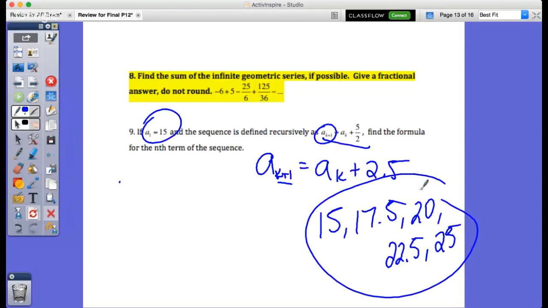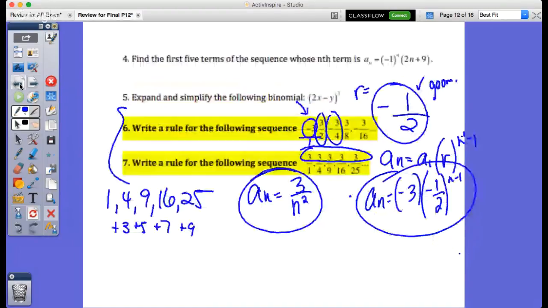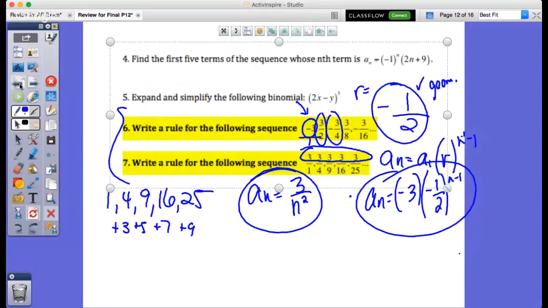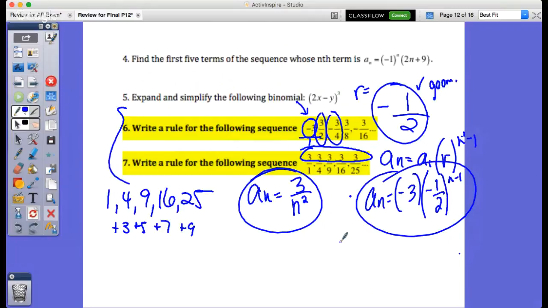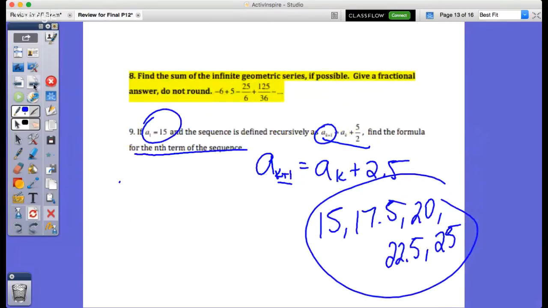In this one, though, they want you to create an equation for the nth term. Okay? So this is like the rule that we were talking about, right? But it's not too bad because when you look at this one, is there anything that I'm adding to get to the next term? 2.5.